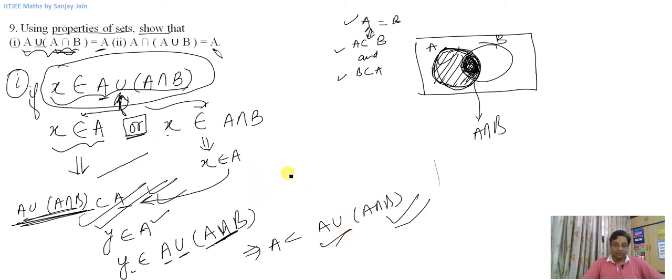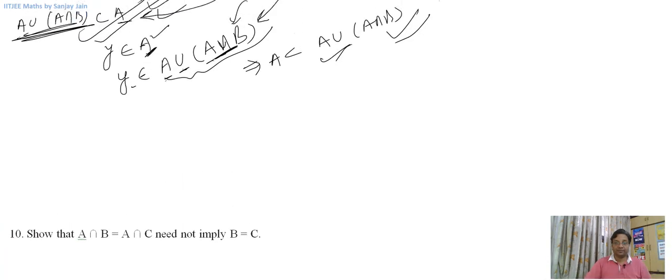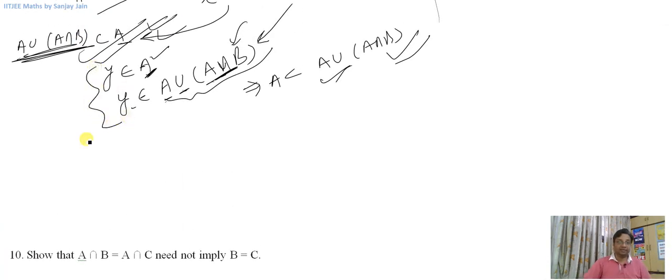Now some people may not understand this step which I have written directly here. Because Y belongs to A, Y belongs to A union some other set. So if it belongs to A, then it will belong to A's union with some other set. I have taken that other set as A intersection B, which was given in the question. If some of you want to take something else, let me write this process once again.